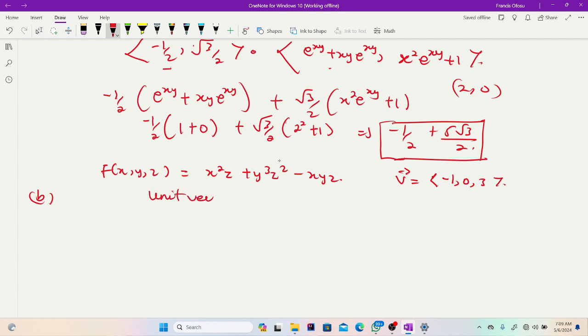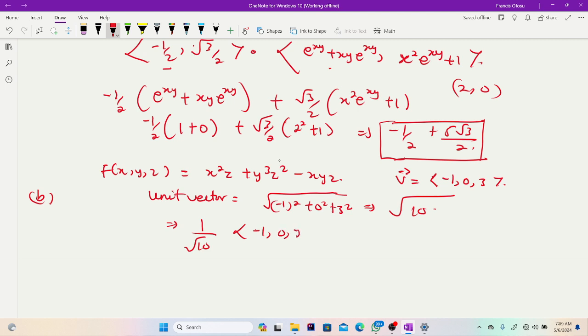To find the unit vector, I need to take the length, or the magnitude. So I have (−1)² + 0² + 3², which is 1 plus 9, so square root of 10. So the unit vector is 1 over square root of 10 multiplying my vector ⟨−1, 0, 3⟩. This gives me ⟨−1/√10, 0, 3/√10⟩. Now I have my unit vector.